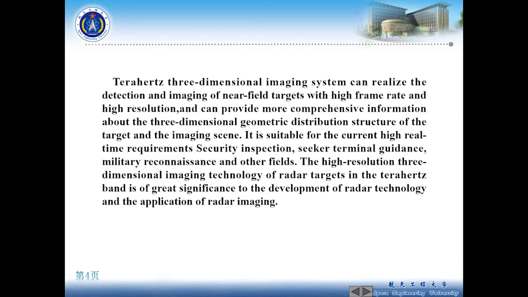The high-resolution three-dimensional imaging technology of radar targets in the terahertz band is of great significance to the development of radar technology and the application of radar imaging.